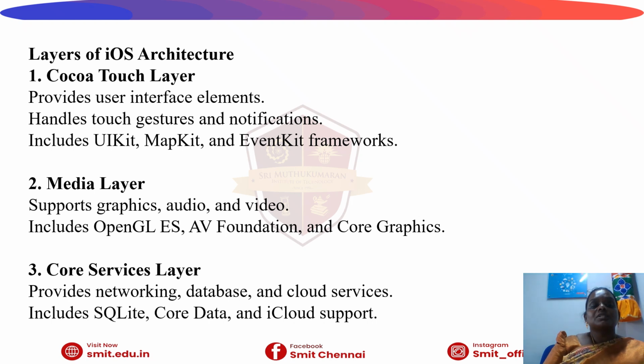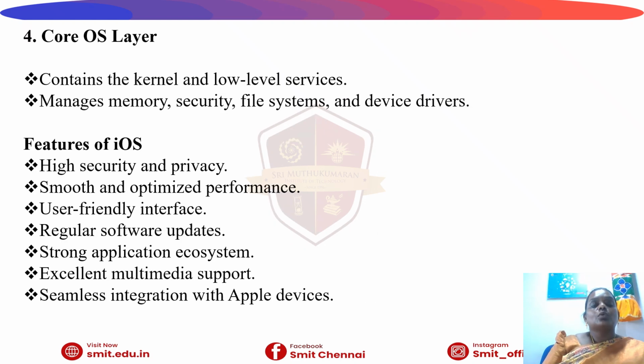It includes OpenGL ES, AV Foundation, and Core Graphics. And the core service layer provides networking, database, and cloud services. It includes SQLite, Core Data, and iCloud support. And the core OS layer contains the kernel and low-level services. It manages memory, security, file system, and device drivers.